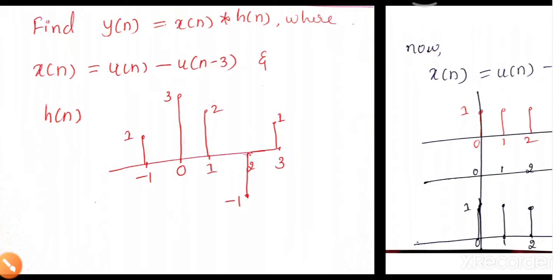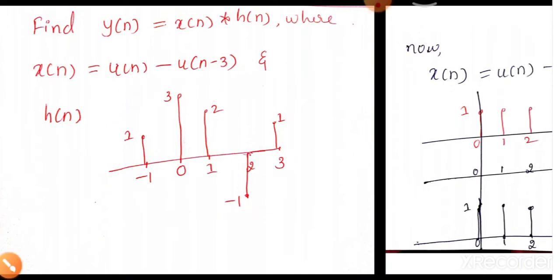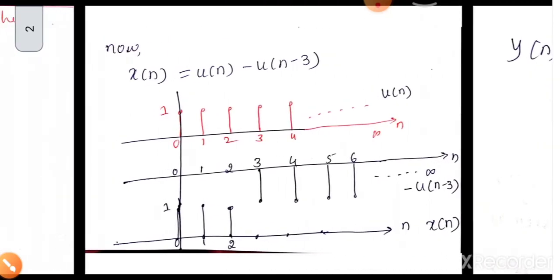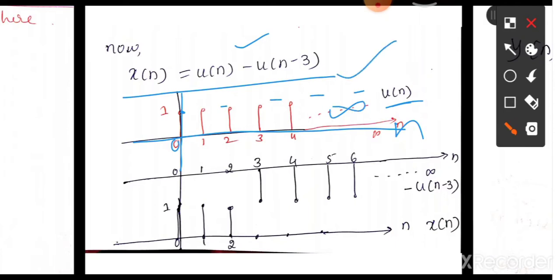Okay, x of n and h of n they have given already in the form of signal. Let's get x of n. They have given u of n minus u of n minus 3. Let's draw what is the u of n. This is your u of n, right, from 0 to infinity. So you have 1 magnitude up to infinity, which will be a continuous signal.